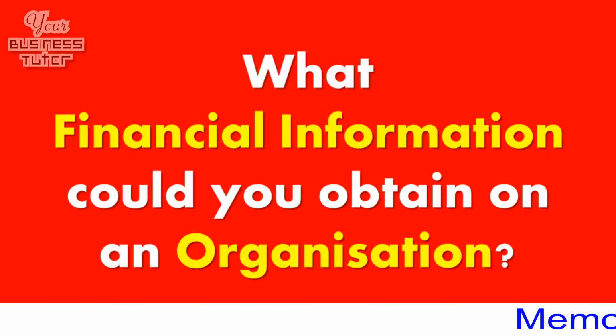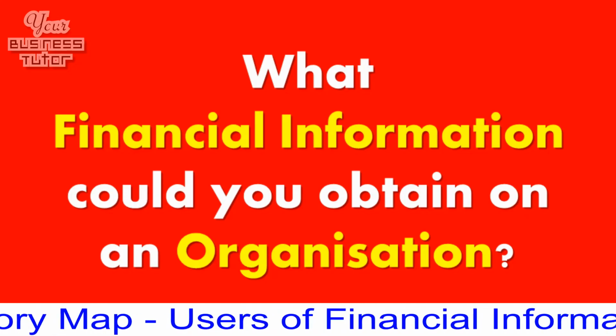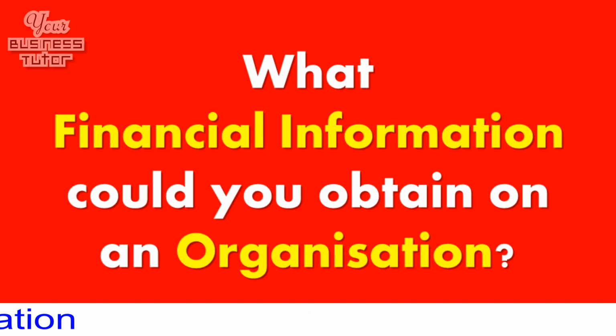Probably the best place to start is to ask, what financial information could you obtain on an organisation? There is a plethora of financial information that organisations can make available to those who are interested.